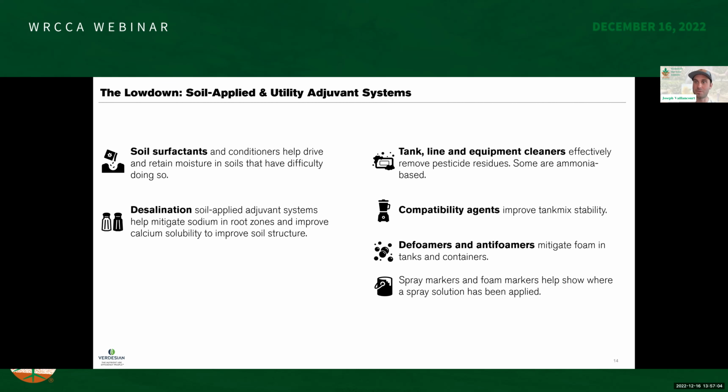Compatibility agents, Dr. W talked about this a little bit too. Hey, sometimes materials don't like playing together. You've got water-based materials, you've got oil-based materials, you've got ECs, you've got SCs, you've got non-concentrated materials, you've got stuff that's like 99.8% water sometimes. Sometimes they don't always like to play together. A compatibility agent is a surfactant-like material, and it just helps blend various chemistries together.